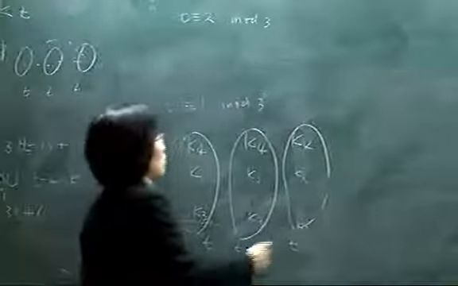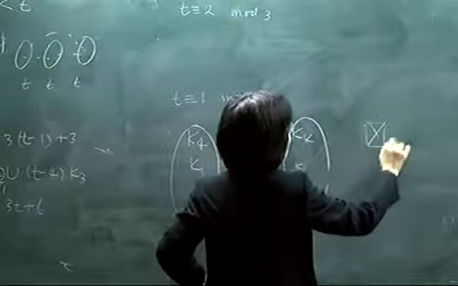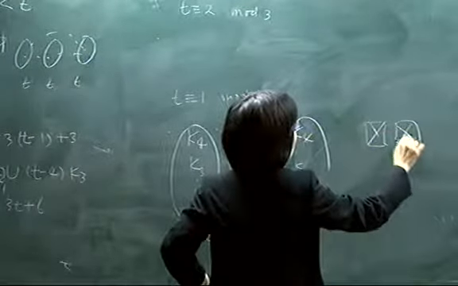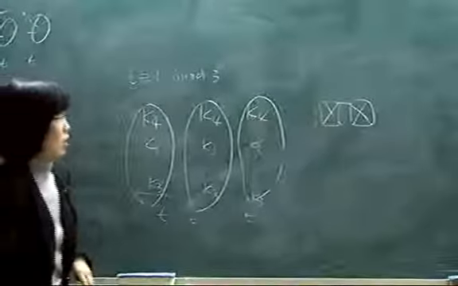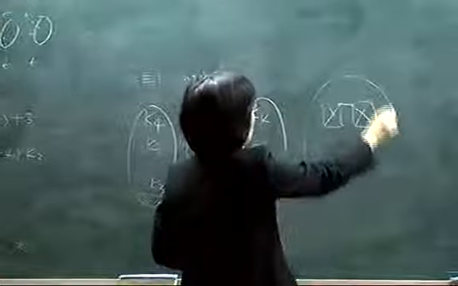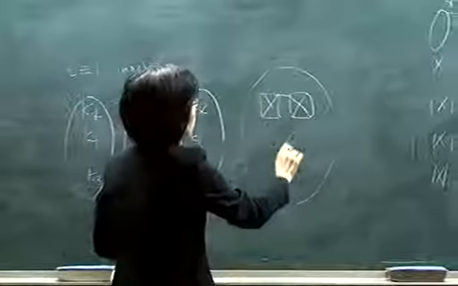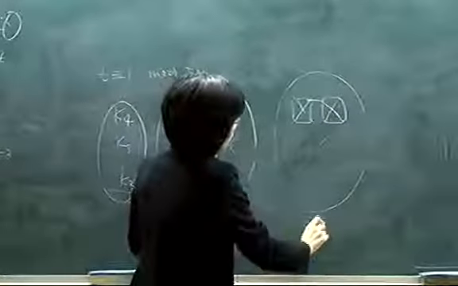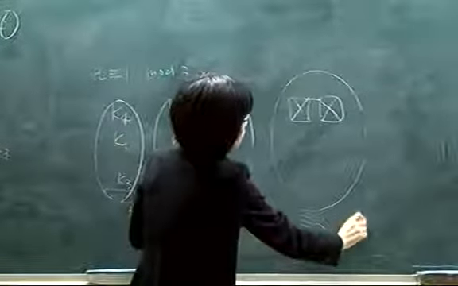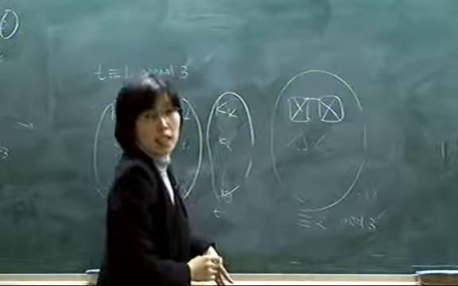Now what I did is just connect these two together. If we put only K3s, then this part has order 2 mod 3, so it shouldn't be t.